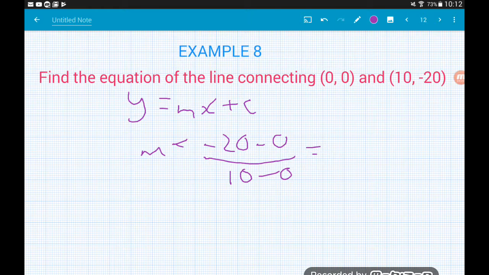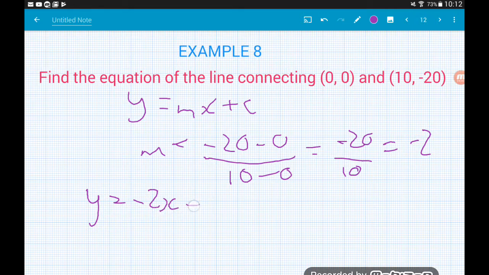Now minus 20 minus 0 is minus 20, 10 minus 0 is 10, and minus 20 divided by 10 is minus 2. So our equation is of the form y equals minus 2x plus c.